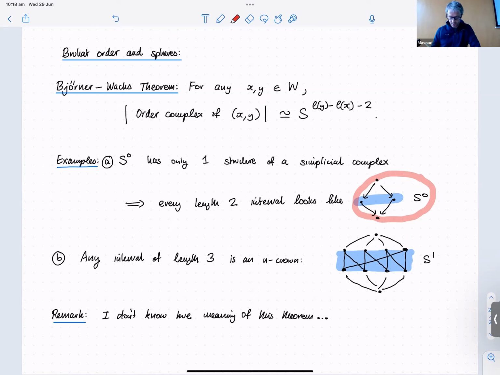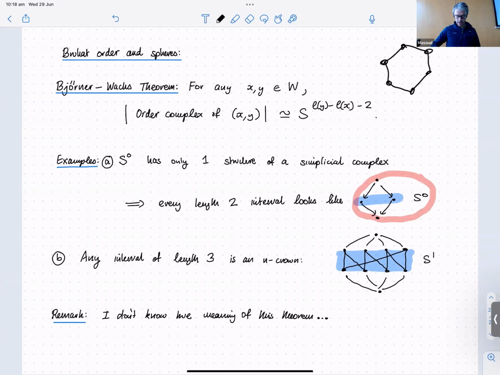Another nice example is that there are not that many ways to triangulate S1. The only ways of triangulating S1 are like this. So basically that says that when I'm trying to build the middle of an interval of length 3, I have to go up and down and up and down and up, and then I get an n-crown.